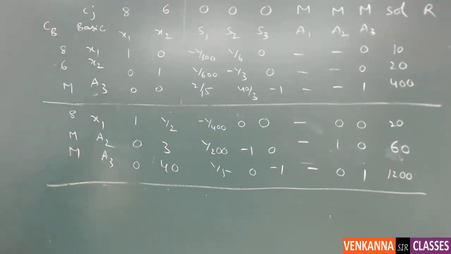So at this point, I want to mention one important thing, that after performing these iterations, in general, artificial variables will be removed in the iteration process and we will get the final solution there, right? Sometimes if the artificial variable is presented there, it means that the system is infeasible, so there is no solution for the given problem. Slack variables may be present, but artificial variables must be eliminated completely in the iteration process.